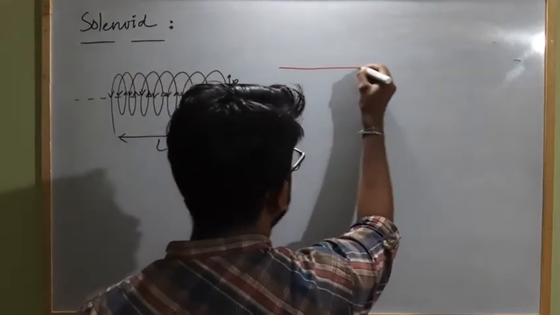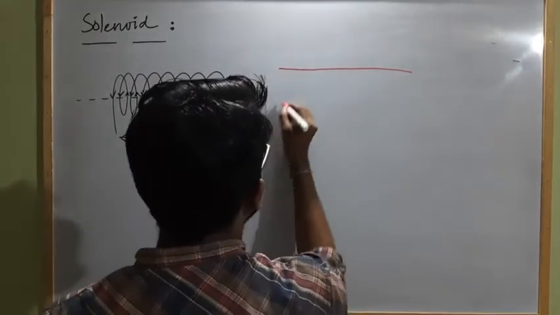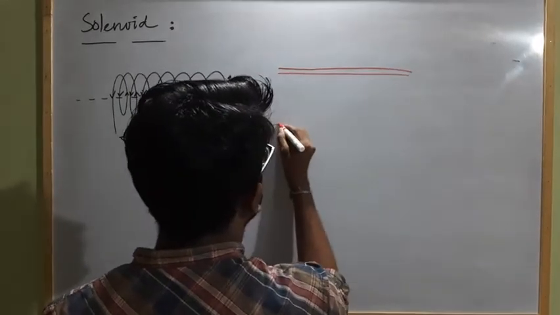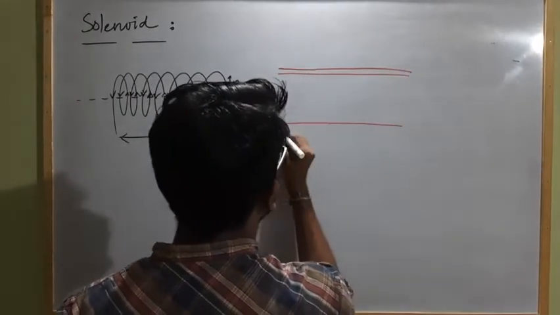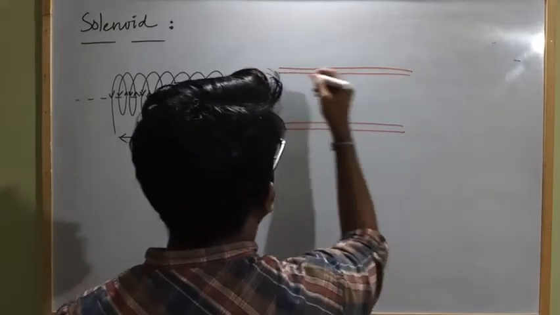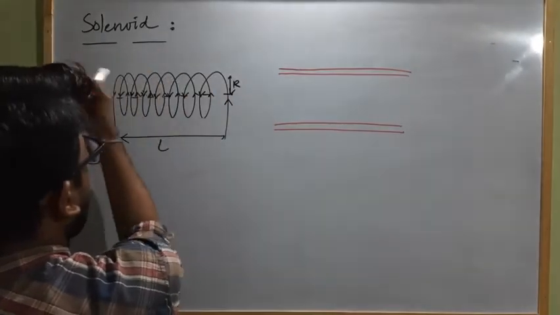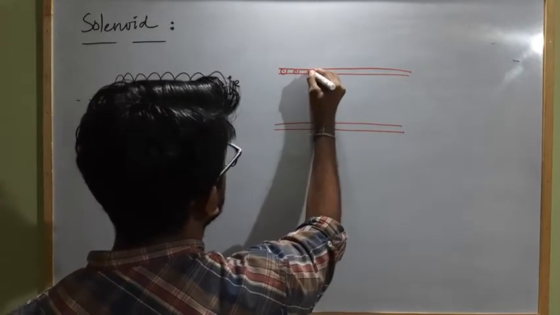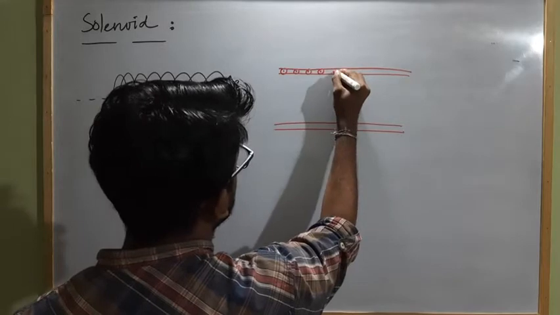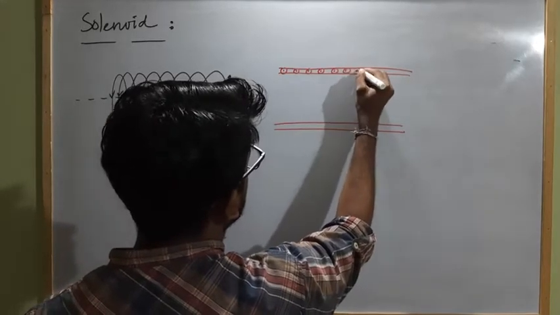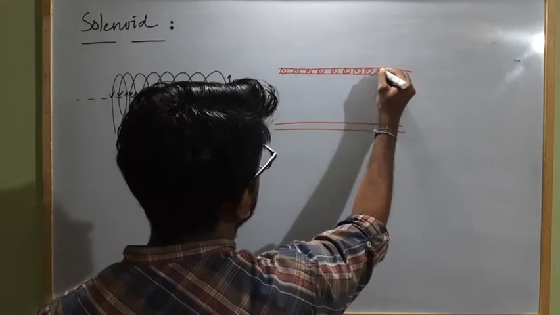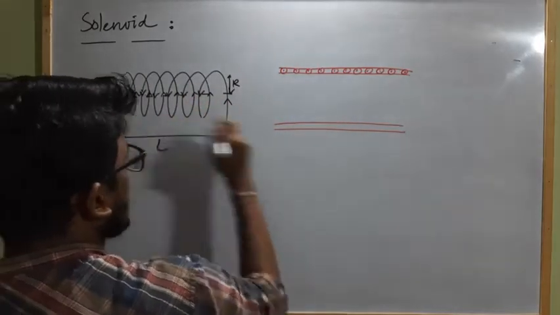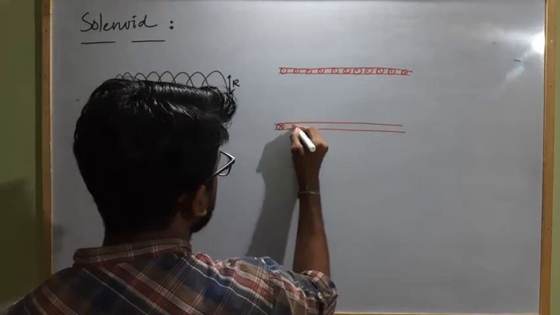If these are the two ends, this point and this point, at this point the current will be outward at all the points, so the direction will be like this. And at this point the current goes inside, so the direction will be like this.